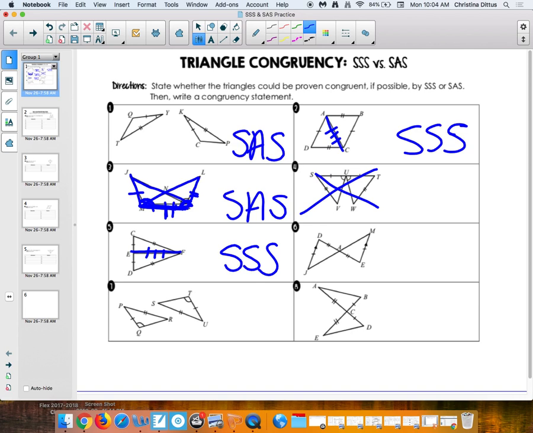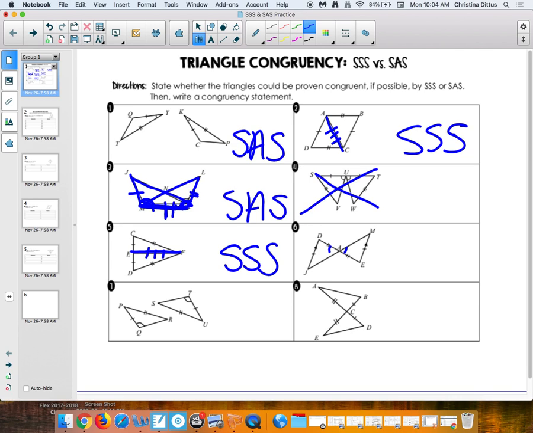Okay. Number 6 is a pretty tricky one. I have 2 side pairs that are congruent. Looking at my picture, what else do I have? I have vertical angles. These are my vertical angles. Do those angles help me prove SAS?